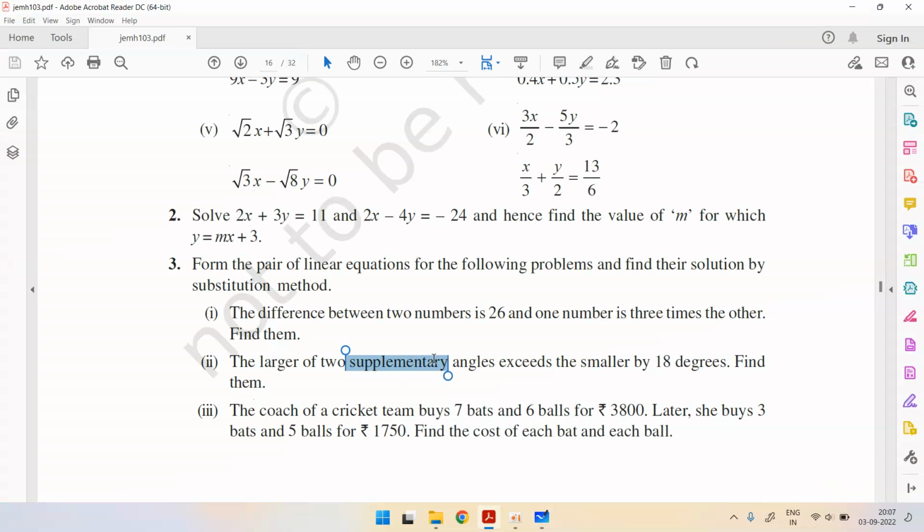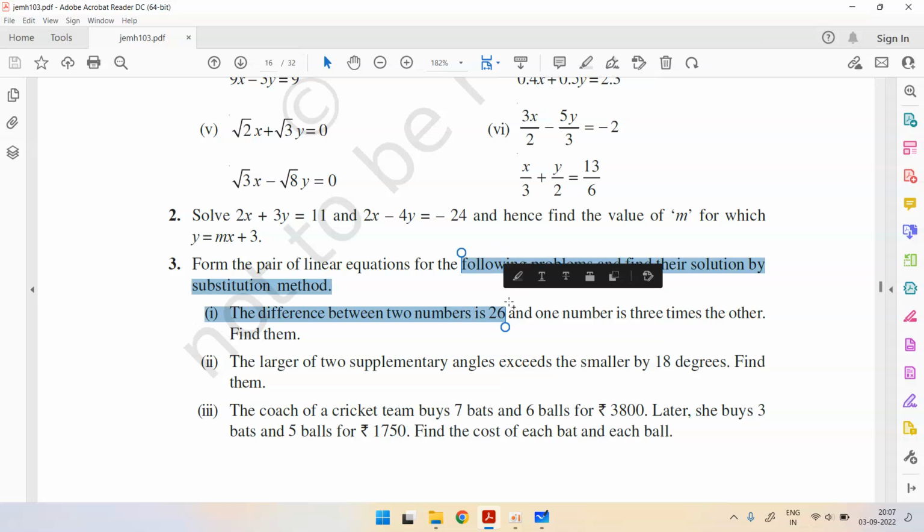You need to know that supplementary angles are the angles whose sum is 180 degrees, and complementary angles are the angles whose sum is 90 degrees.